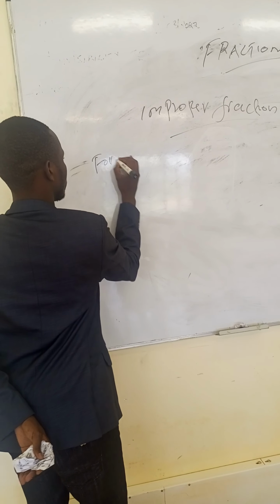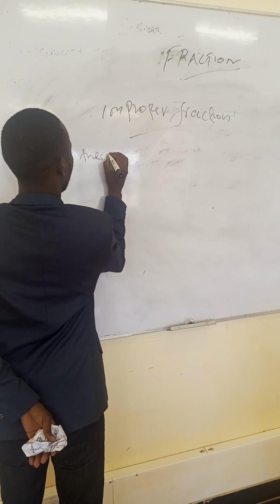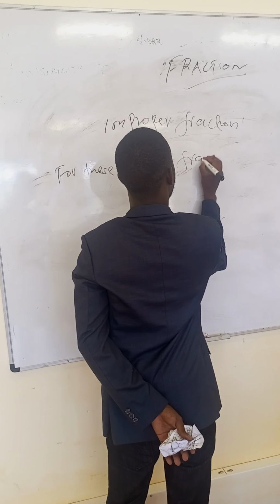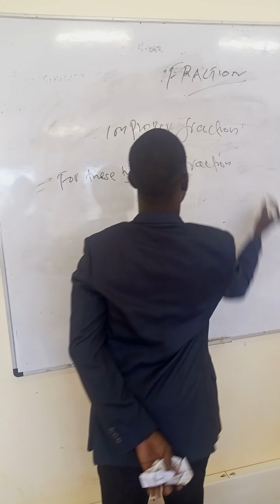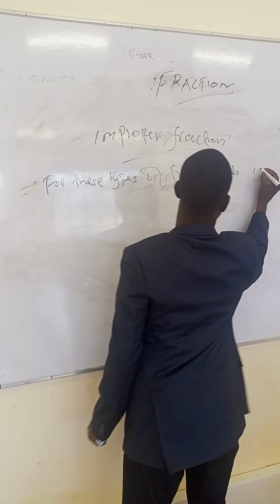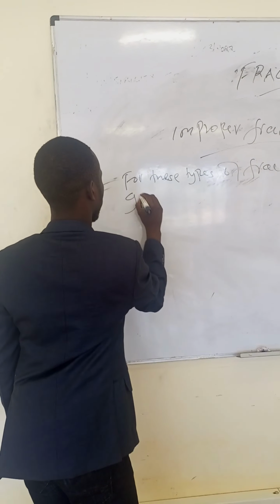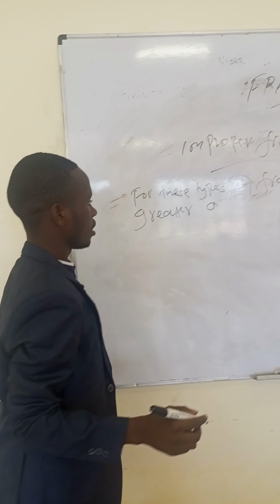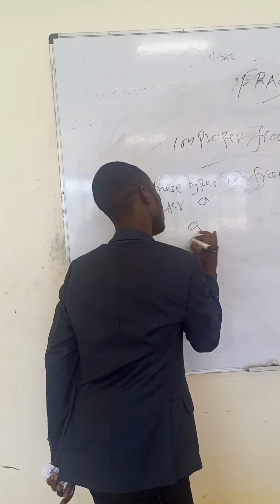For this type of fraction, B is less than A. You remember me saying fraction is written in the form of A over B?